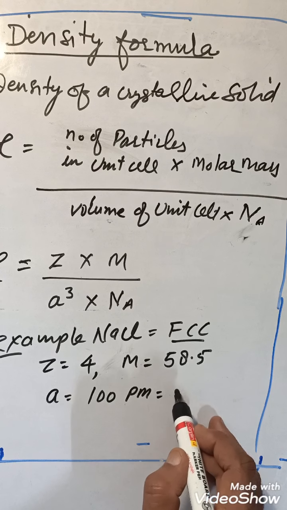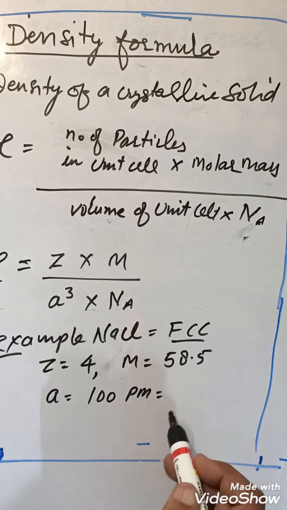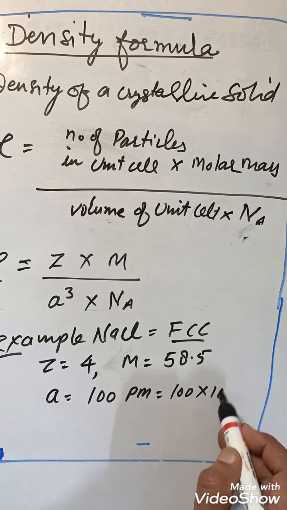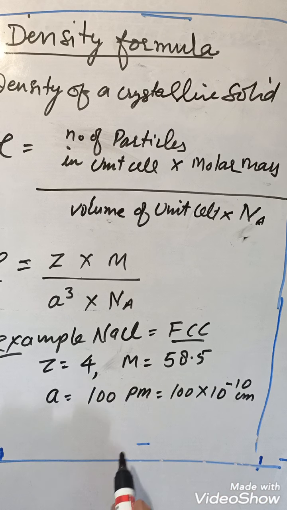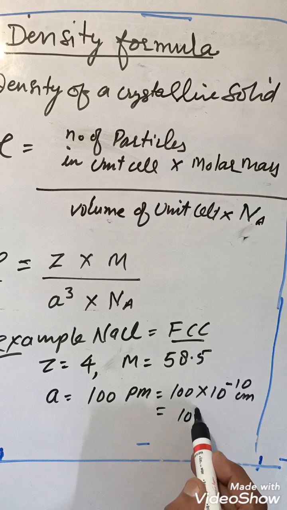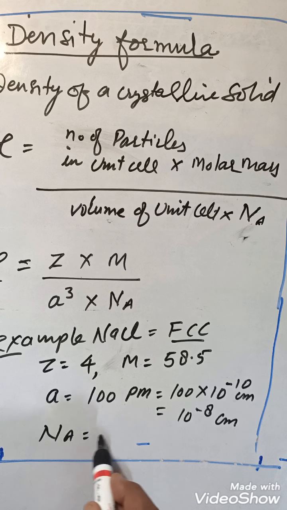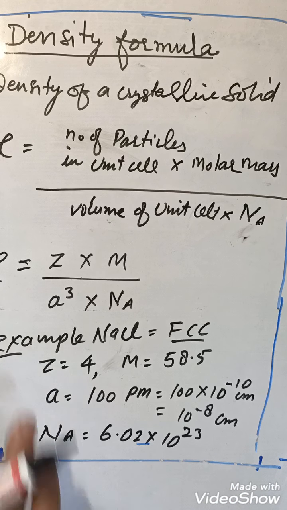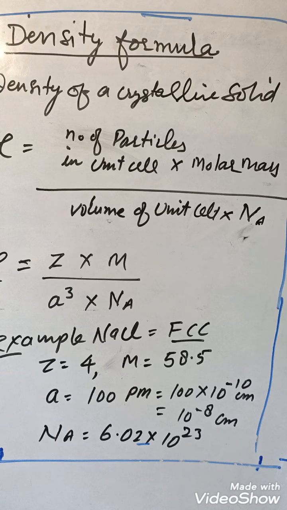So it will be converted into meter or centimeter. So 100 into 10 raised to power minus 10 centimeter. That is 10 raised to power minus 8 centimeter. And Na is equal to 6.02 into 10 raised to power 23. So by putting these values in this formula, we can find out density of sodium chloride crystal.